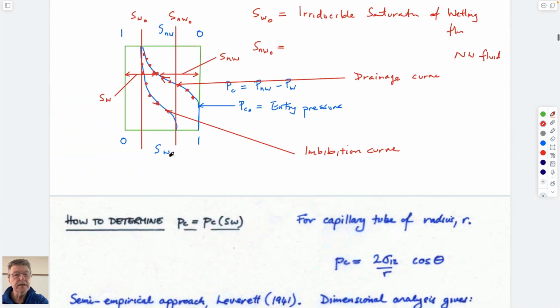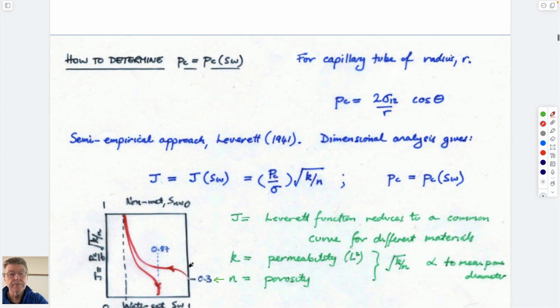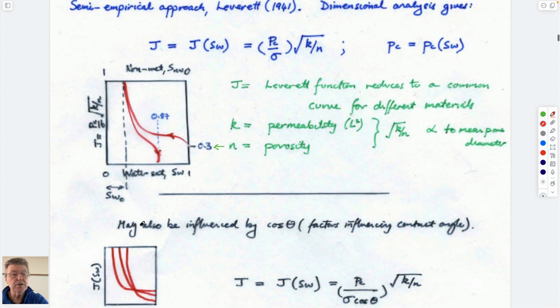But instead of being capillary pressure, I didn't put that here. This is capillary pressure. I guess I did, sorry. Then you could draw a similar curve, but you can parameterize it in a different way.